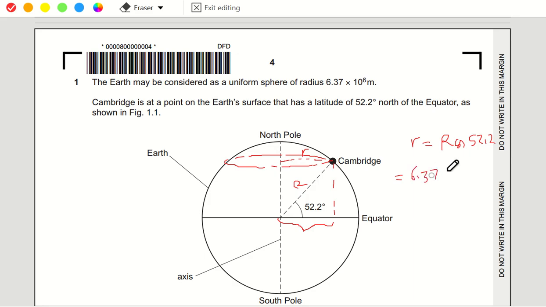We can get here the answer to be 3.9 times 10 to the 6 meters.